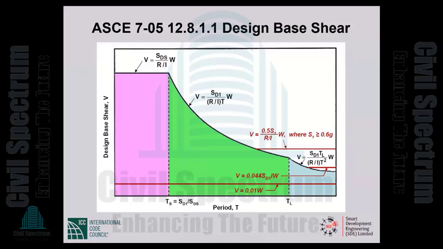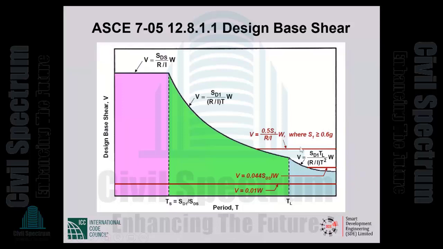We do not want to design for 0 base shear, so we impose lower bound values at long periods. The absolute minimum lower bound is 0.44 S sub DS I, importance factor, times the seismic weight, never below 1% of seismic weight. This is the minimum that is applicable in all seismic design categories.